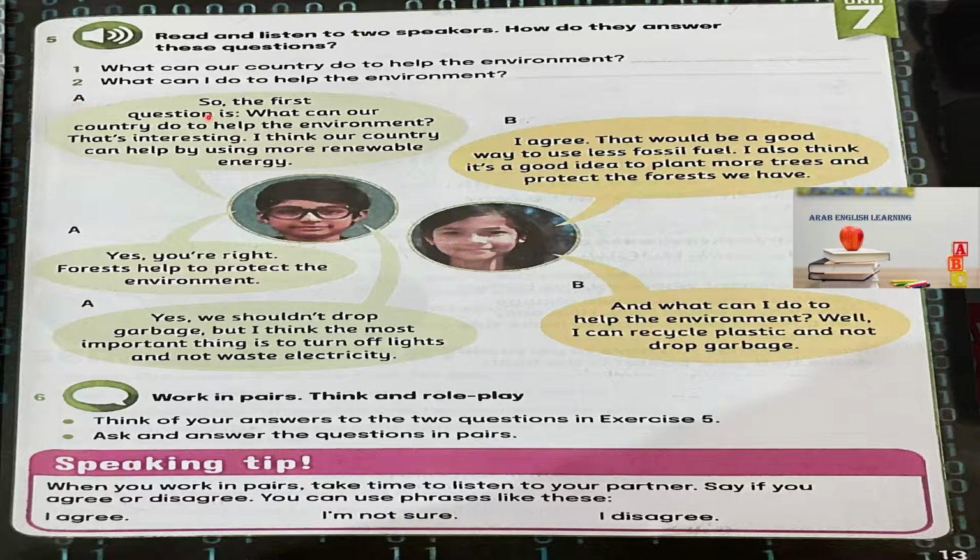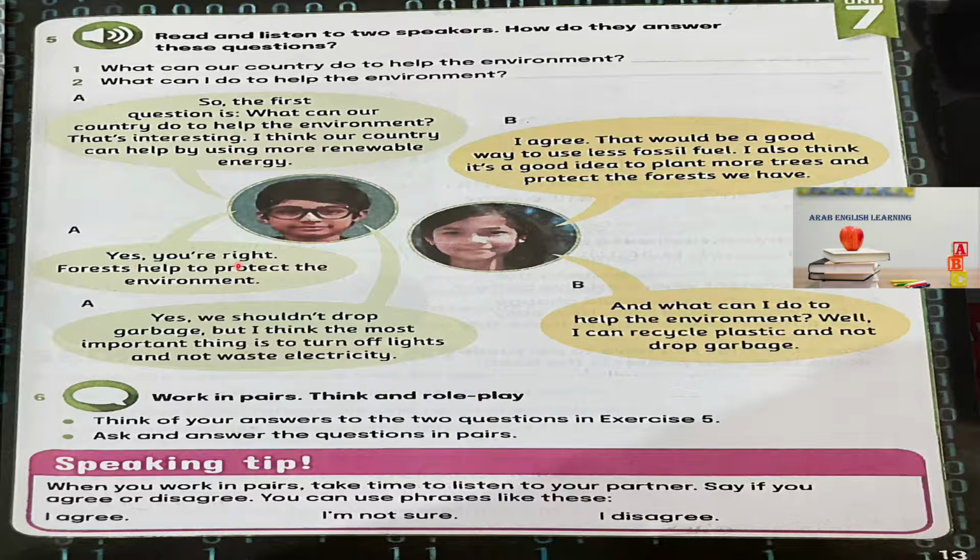So, the first question is, what can our country do to help the environment? That's interesting. I think our country can help by using more renewable energy. I agree. That would be a good way to use less fossil fuel. I also think it's a good idea to plant more trees and protect the forests we have.